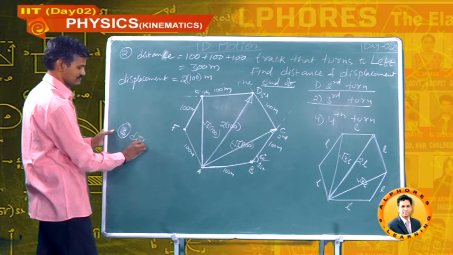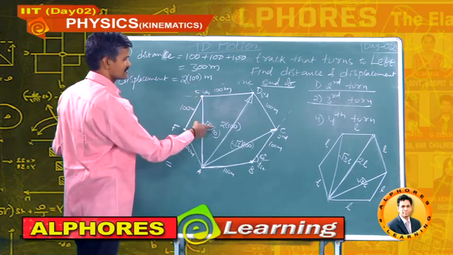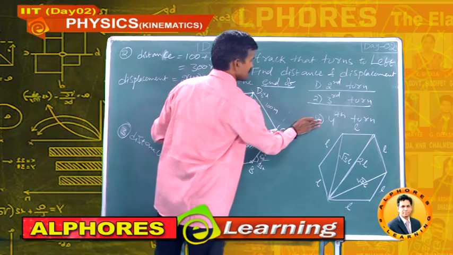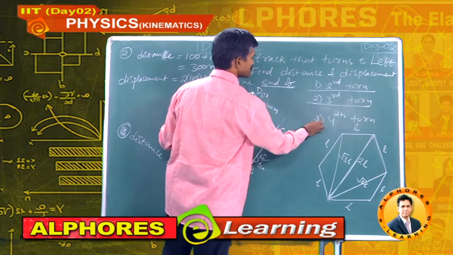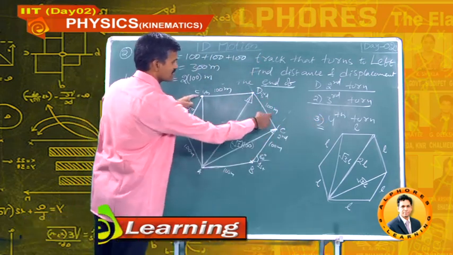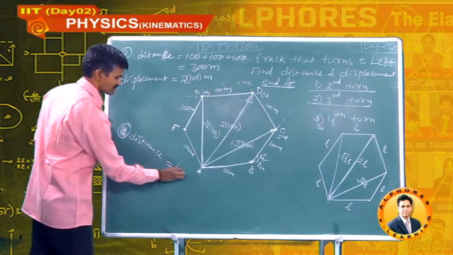Our third question is, distance at the end of the fourth turn. At the end of the fourth turn, this is 100 plus 100 plus 100 plus 100, that is 400 meters.